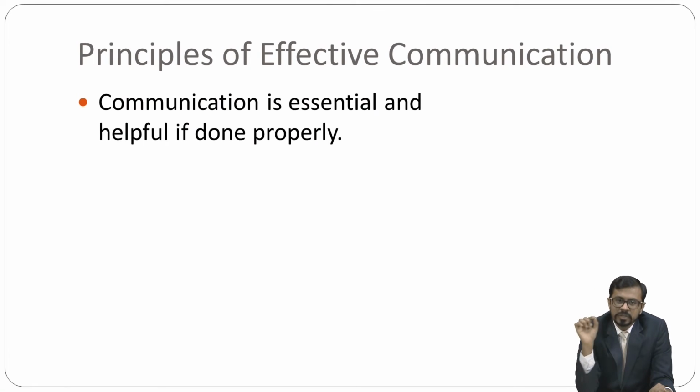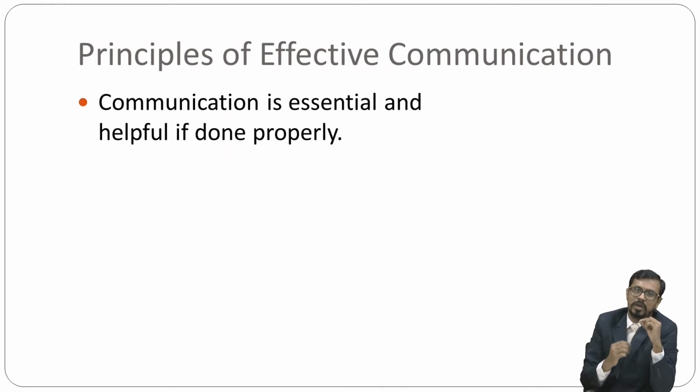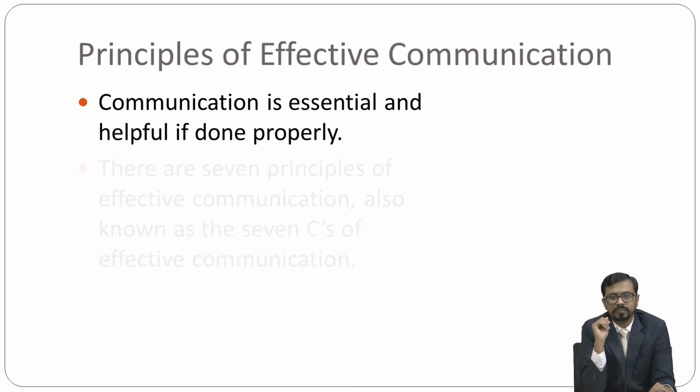The principles of effective communication mention that communication is essential and helpful if that is done properly. So, of course, if you need to be understood well, then you have to be very good at communication. If you communicate well, then you will be understood well. Communication is essential and helpful only if it is done properly.